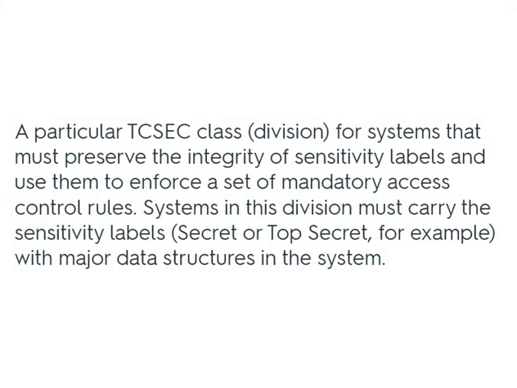True. A particular TCSEC class for systems that must preserve the integrity of sensitivity labels and use them to enforce a set of mandatory access control rules. Systems in this division must carry the sensitivity labels with major data structures in the system. Division B, mandatory protection.